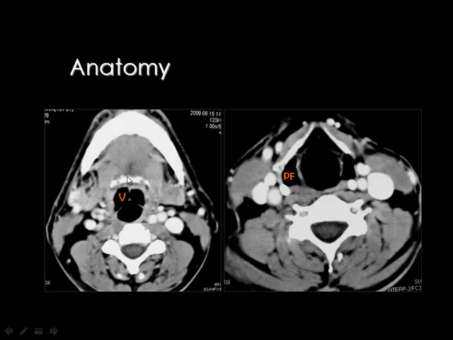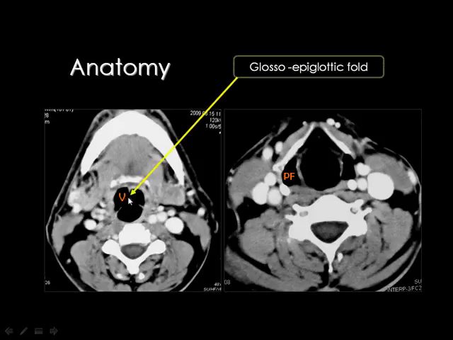This is the start of the hyoid bone, and you can see the tip or the upper part of the epiglottis, and here you can see a fold which is known as the glossoepiglottic fold, connecting between the epiglottis and the mouth floor muscles, dividing this space into two components, which are known as the valleculae.